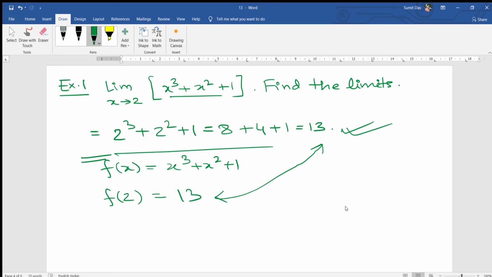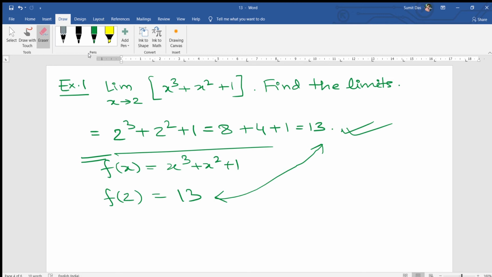The thing is that before doing this, we need to know that in your class 11 book, all the limits given are limits that exist. We can put in the value and find the value only when the limit exists. If the limit does not exist, you can't find the value.